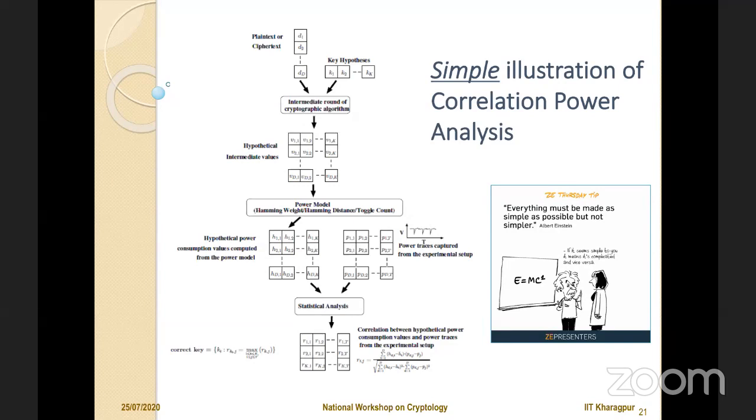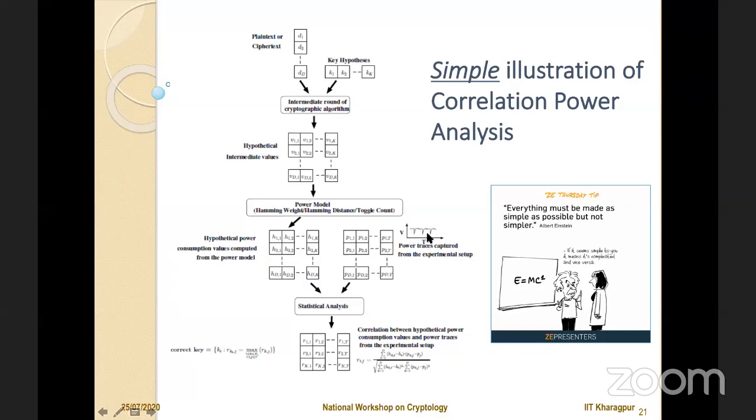These are denoted in the hypothetical power matrix, which has D rows and K columns. But along with calculating these hypothetical power values, you also have the side channel information, which is the power trace captured by your experimental setup.